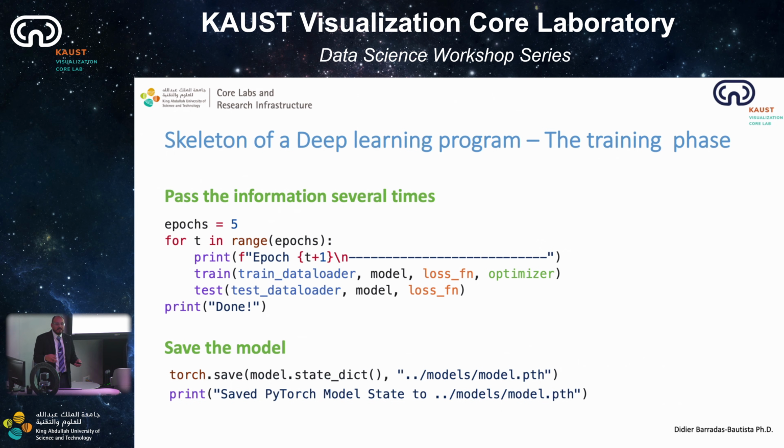You want to do this as many times as possible, trying to get the loss function as close to 0 as possible. And this is why here we have the train definition, getting the train data loader, the model, the loss, and the optimizer. So what I want to go to 0, the strategy to update is, and then I'm going to test it, each time it passes the complete set of data.